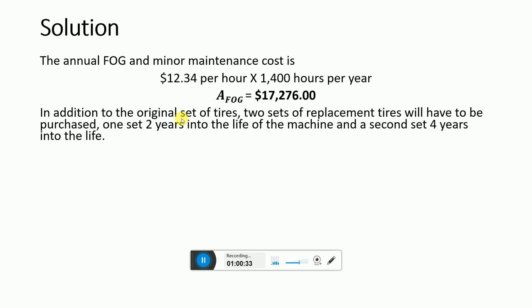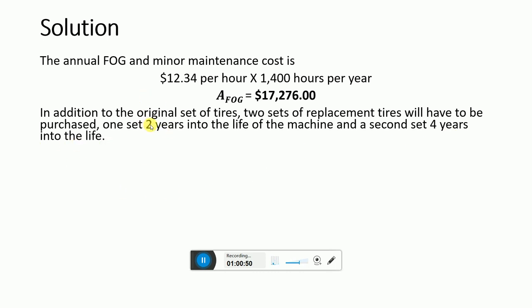Here, in addition to the original set of tires, two sets of replacement tires will have to be purchased. One set after 2 years into the life of the machine, and the second set at 4 years into the life.